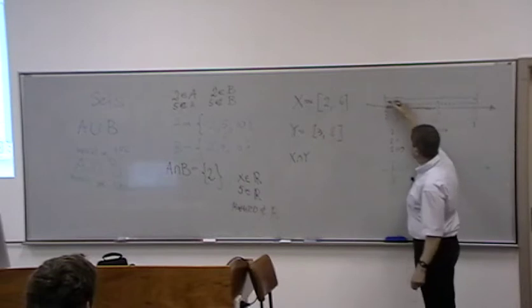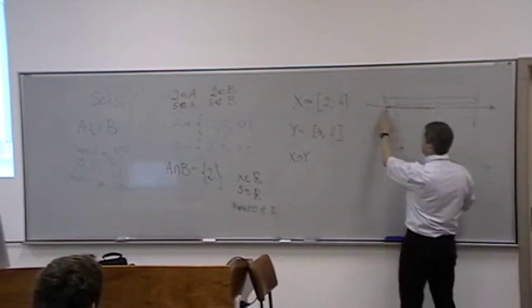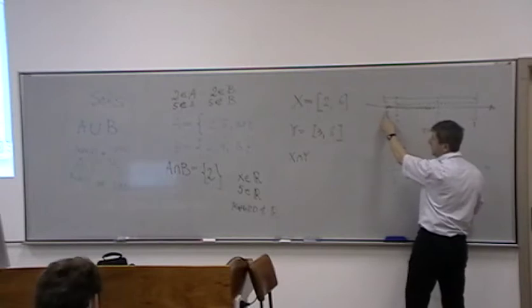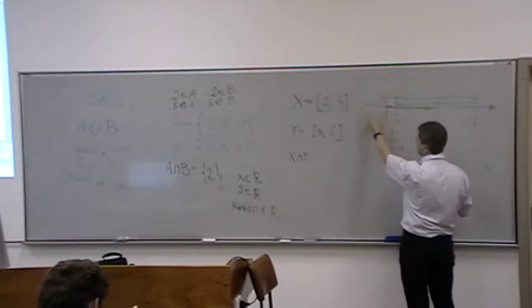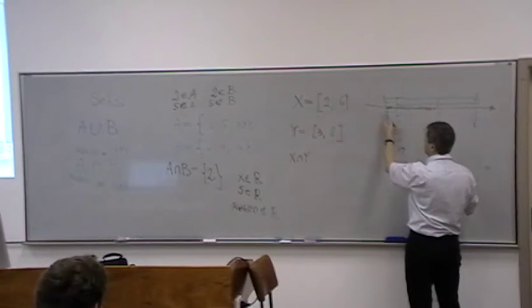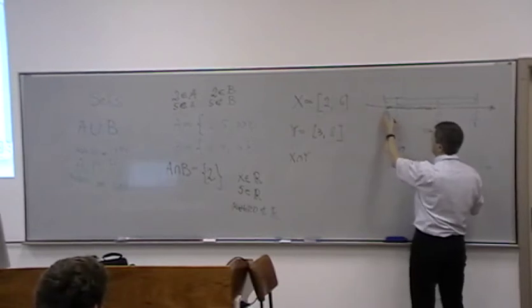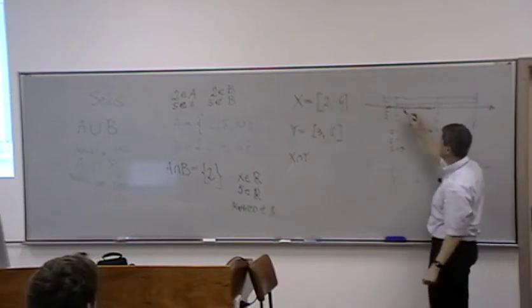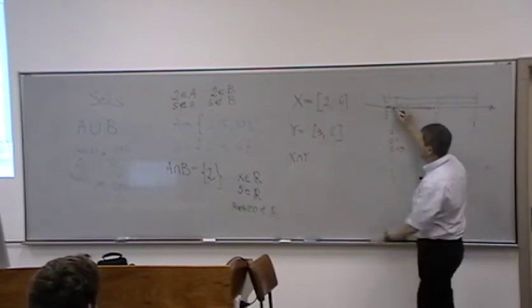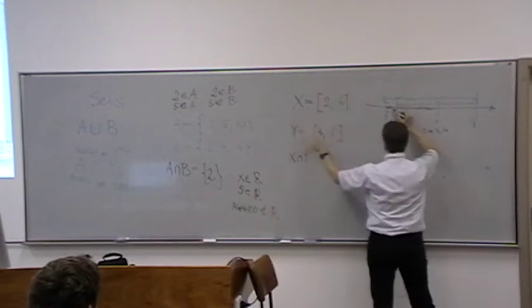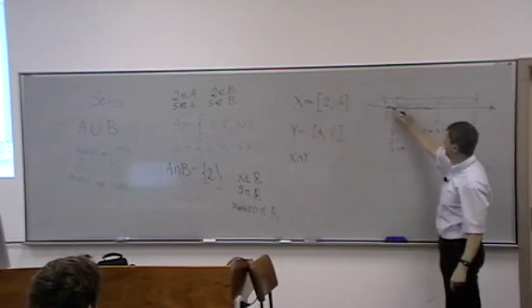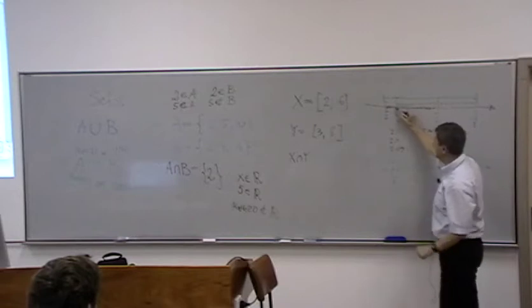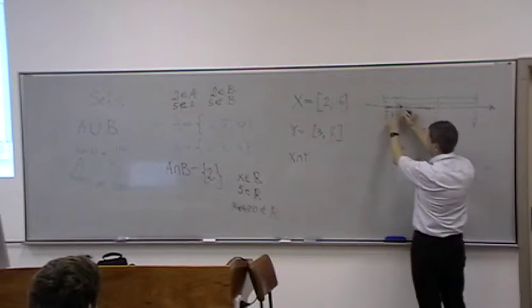We start: anything which is left from 2 is neither in the set of X nor in the set of Y, so it can't be in the intersection. Starting at 2, we have a little segment of numbers which are in X but not in Y. It's black but it's not blue. So it is not in the intersection because it is not in Y.